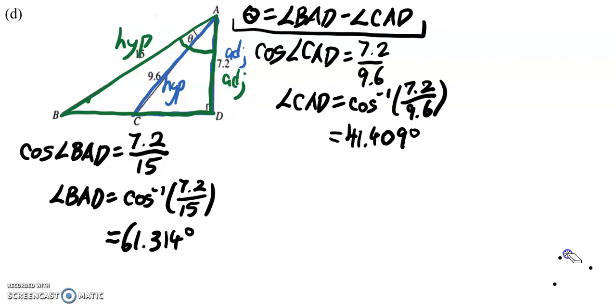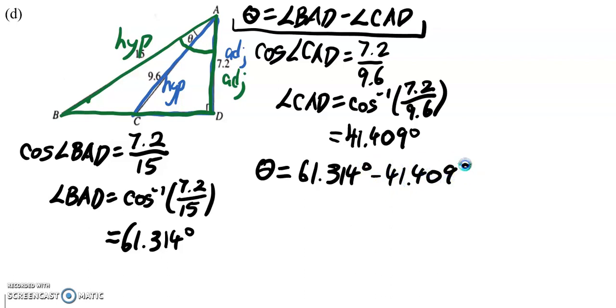All we need to do now is to find our angle theta, which is simply what? Theta is actually equivalent to 61.314 degrees minus 41.409 degrees.